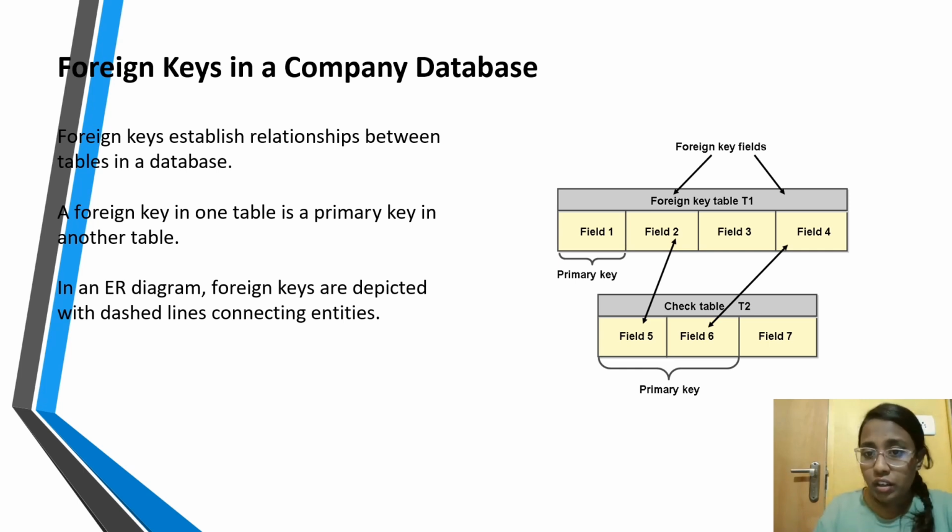So these dashed lines, as you can see, are all foreign keys. So this foreign key connects table T1 with T2. Therefore they are called foreign keys. Now let us go into the next slide.